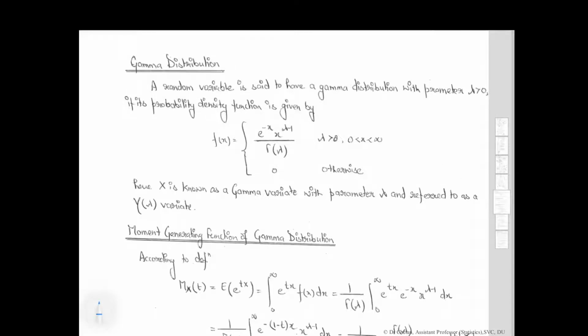A random variable x is said to have a gamma distribution with parameter lambda greater than 0 if its probability density function is given by this quantity, which is equal to e raised to the power of minus x into x raised to the power of lambda minus 1 upon gamma of lambda, provided that lambda is greater than 0 and x lies between 0 to infinity, otherwise 0. Here x is known as the gamma variate with parameter lambda and referred to as gamma of lambda.